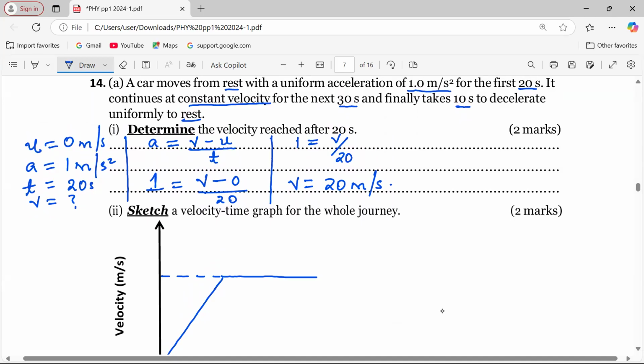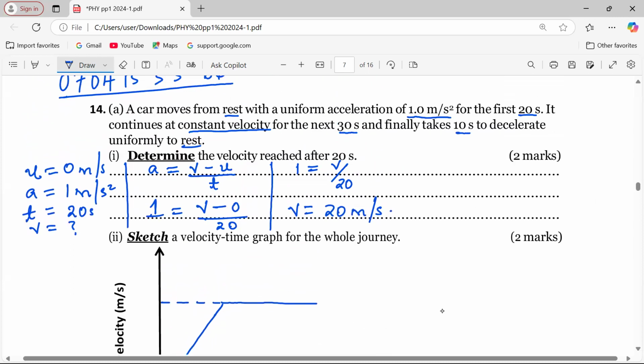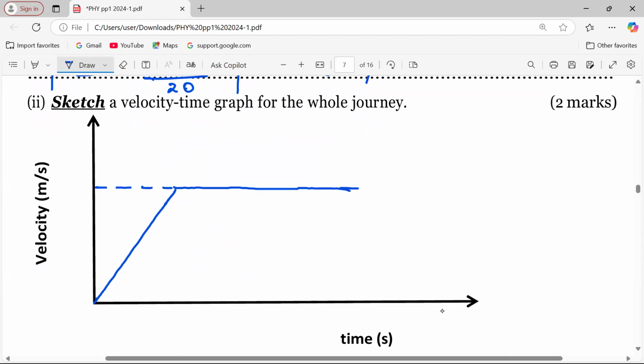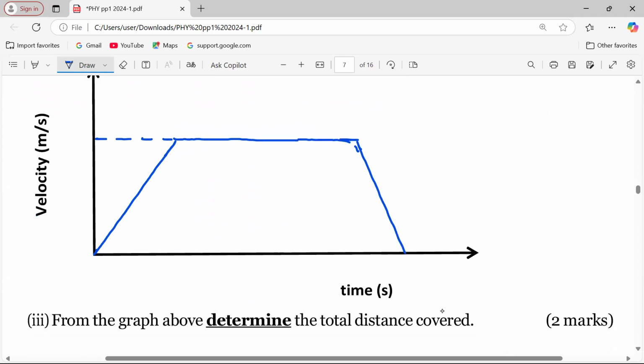Then after that, it's going to take 10 seconds to get to rest. That means it's going to decelerate uniformly to 0 within 10 seconds.